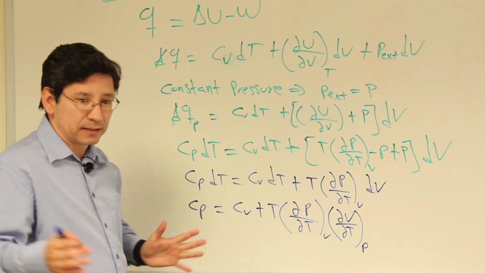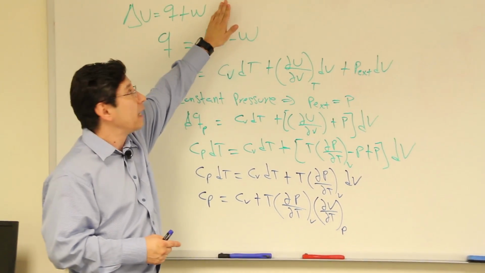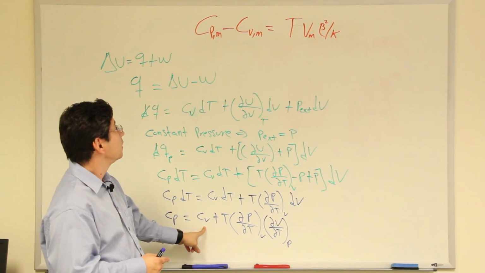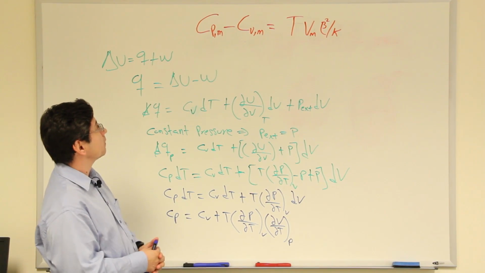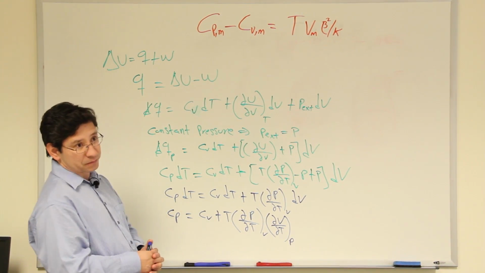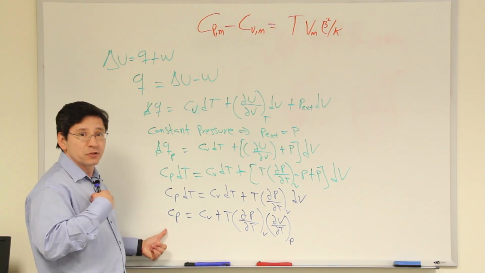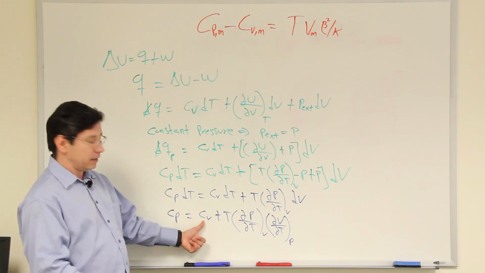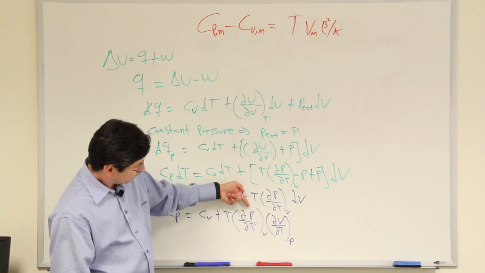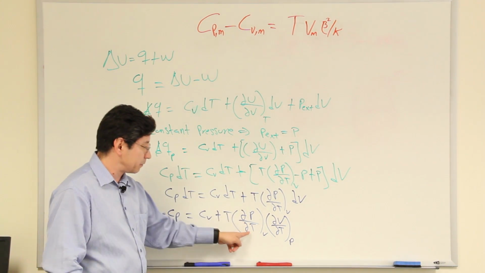Okay, so this is how much we have advanced. You can see now that it starts making sense in terms of the connection with the goal that we have. Cp, Cv, they are now here. We'll take care of the molar component later, but let's see what emerges. This equation allows me to calculate Cp minus Cv for any system if I know the pressure and volume expressions as they depend on temperature.